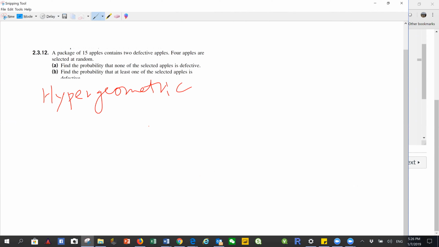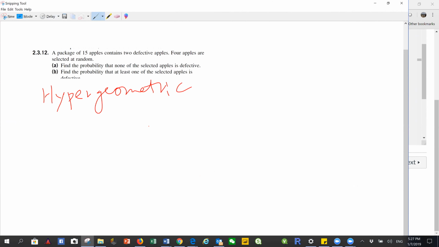So what this says is a package of 15 apples contains 2 defective apples. So you can split the 15 into 2 groups.